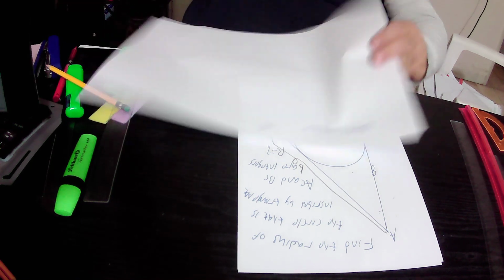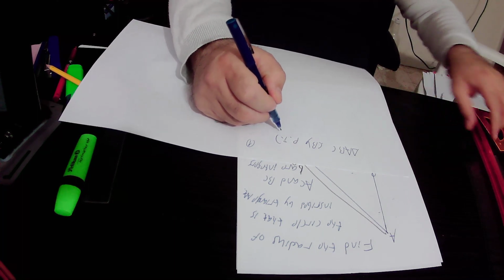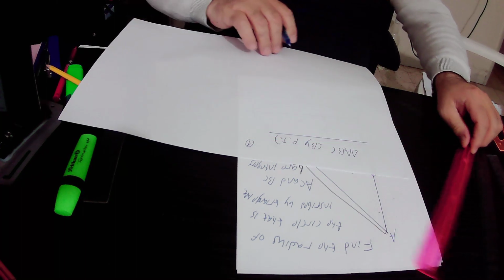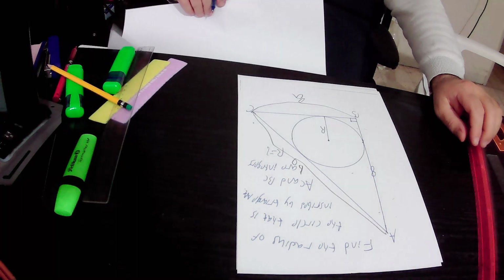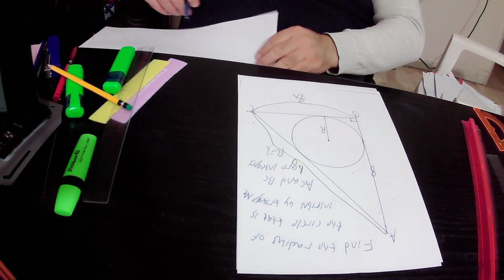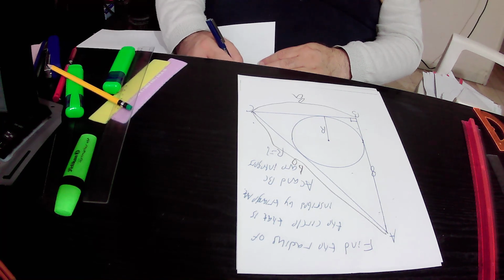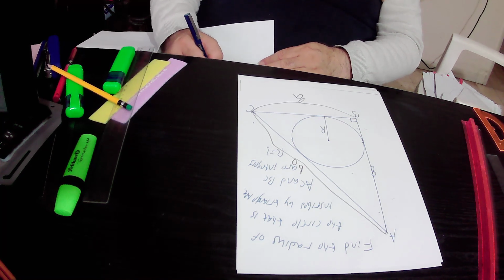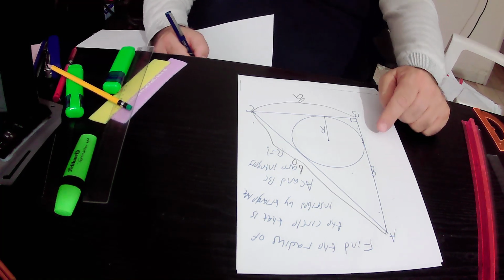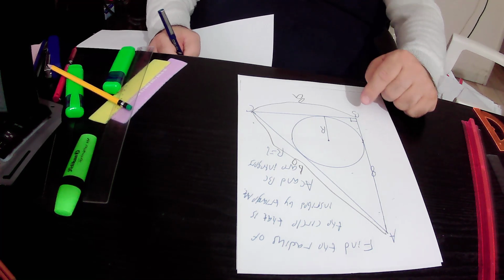Here, PT is short for Pythagoras theorem. So, the hypotenuse is AC, therefore the square of the hypotenuse is AC squared. And it must be equal to the sum of the squares of the perpendiculars, that is, AB squared plus BC squared.